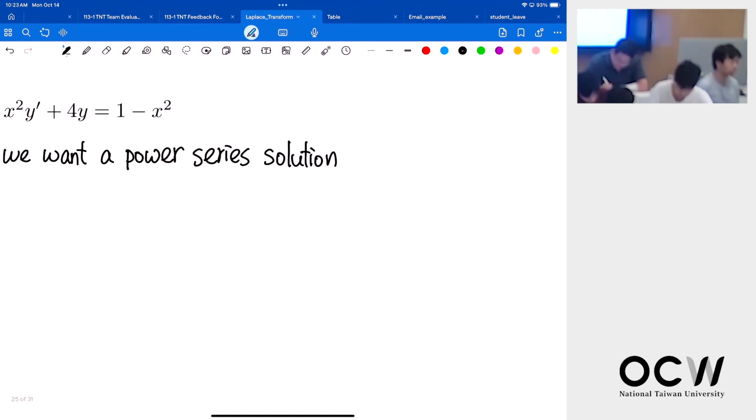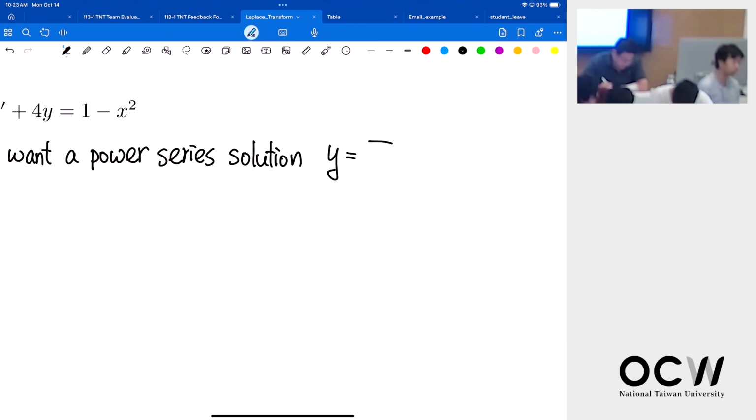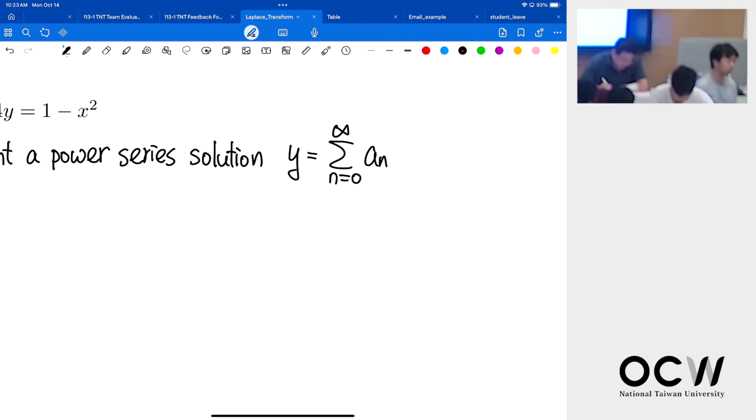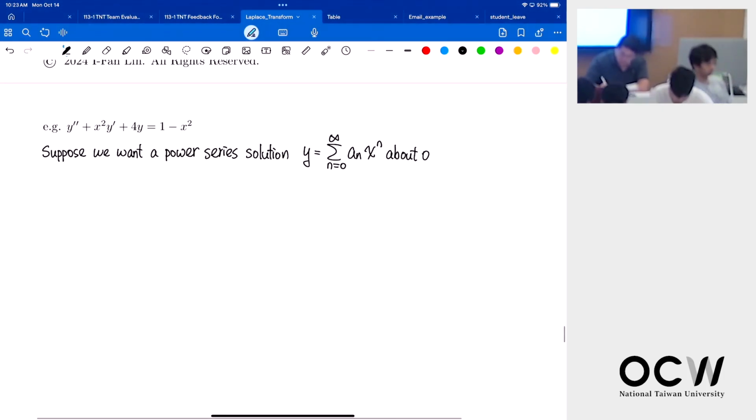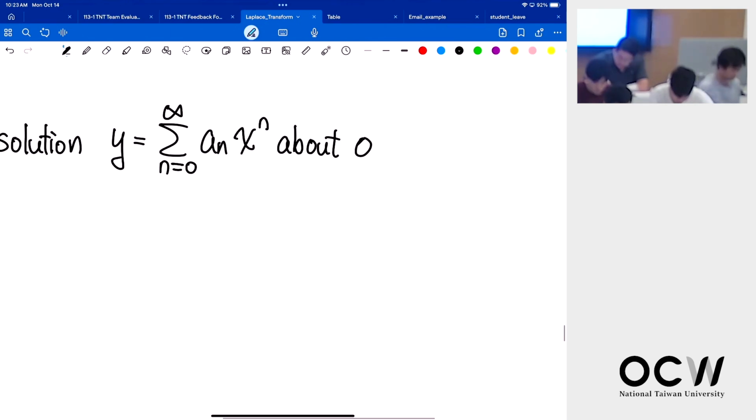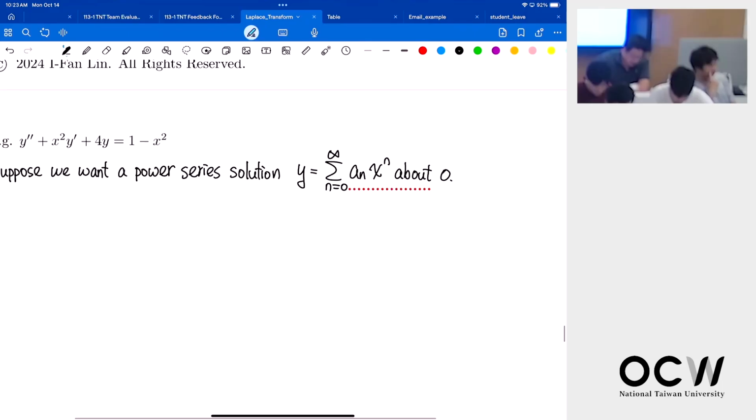When we have a power series, we need to know it's a series about what point. In this case, it's a power series about 0. So x minus 0 to the n, it'll be about 0.